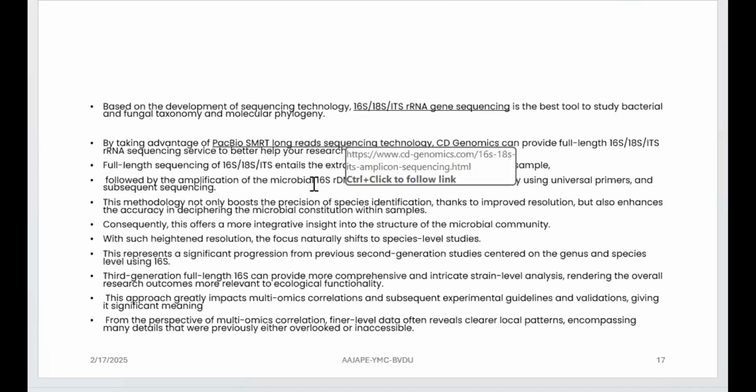So yes, there are long read sequencing technologies like PacBio or SMRT, right? CD Genomics, they can provide full length sequencing services to better help your research. So it is just to make you aware of the terminologies, what the different types of sequencing technologies are that are used and what the brands are which are on the market and giving you good output.